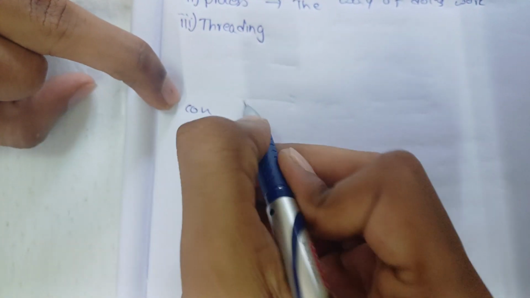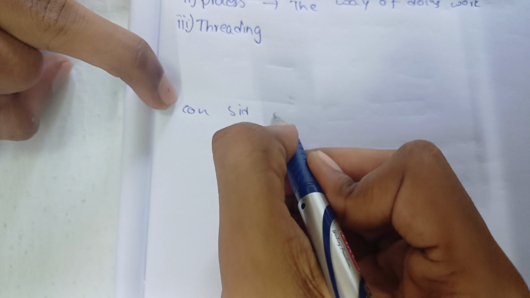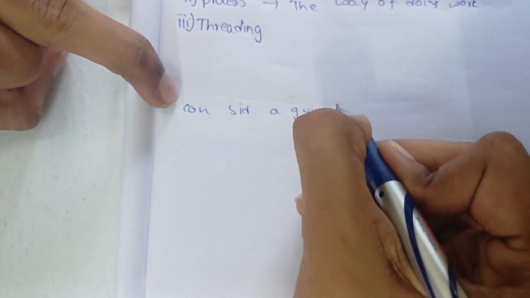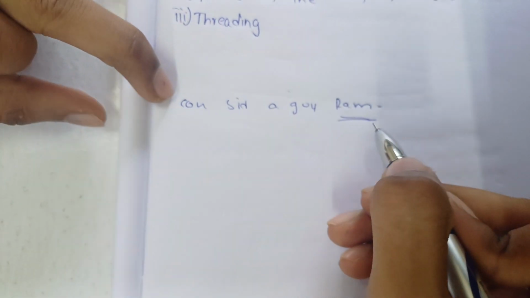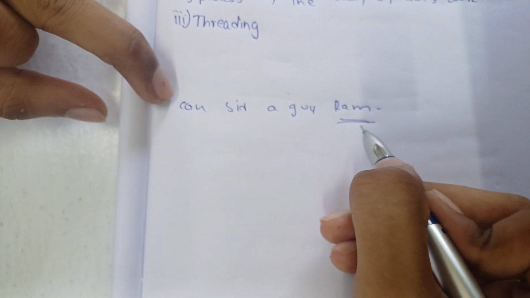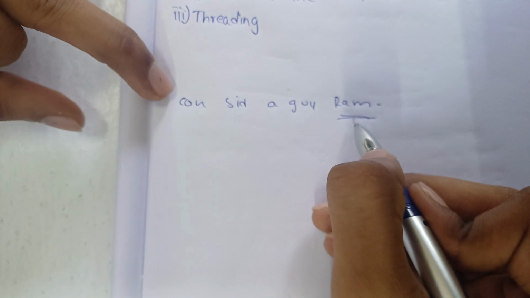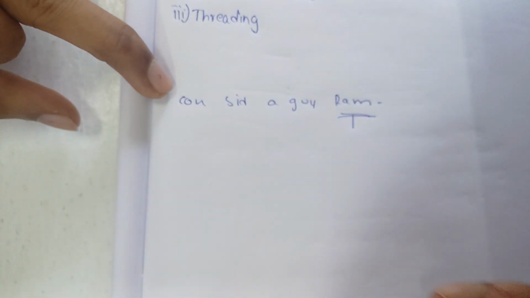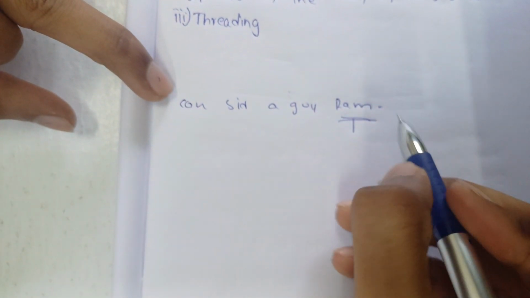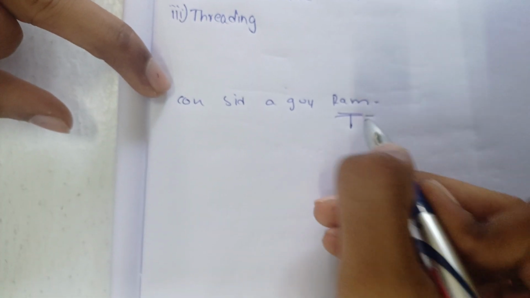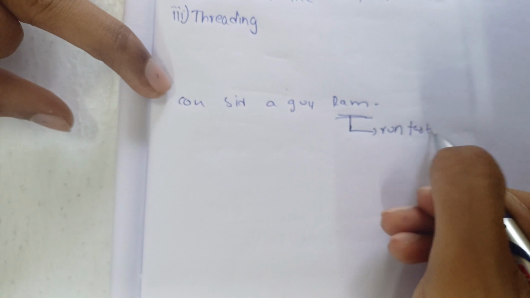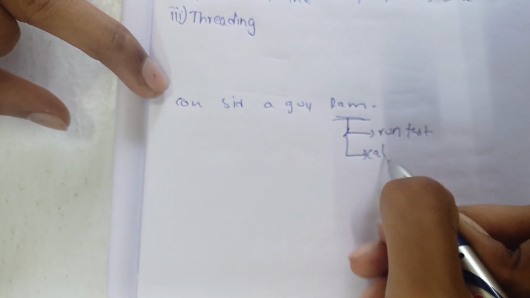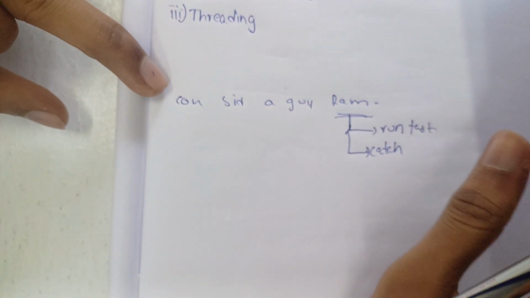Consider a guy, Ram. Basically, he comes daily to the college, but one day he got late to college. He needs to run faster and catch the bus so that he reaches on time.